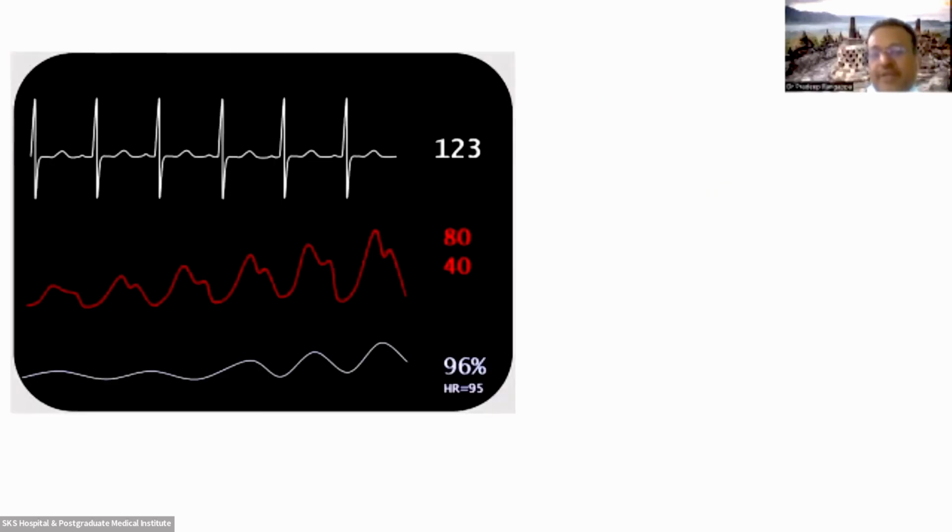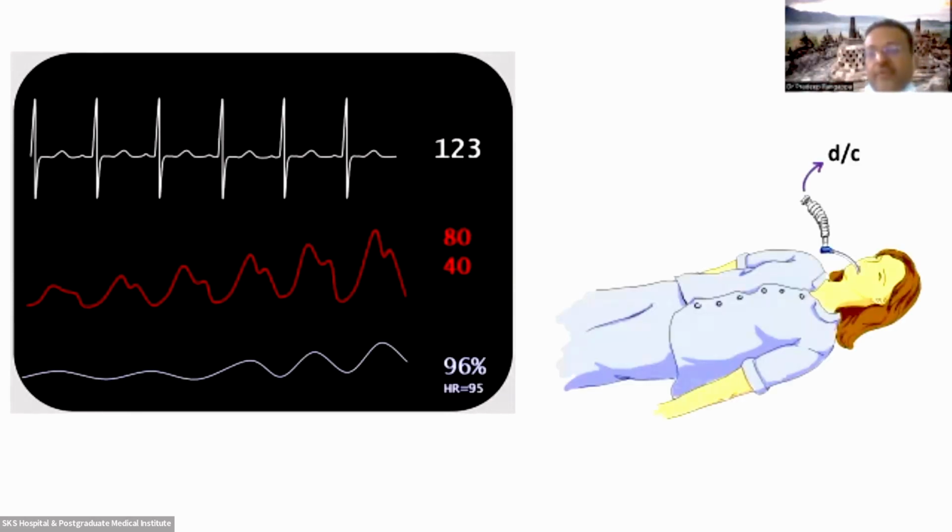So all in all, in these COPD patients, when you connect them to a ventilator, they tend to have hemodynamic compromise, or blood pressure tends to come down. Why does this happen? Because in patients where your alveoli are already bloating and the pressure in the chest is so high, your venous return decreases.